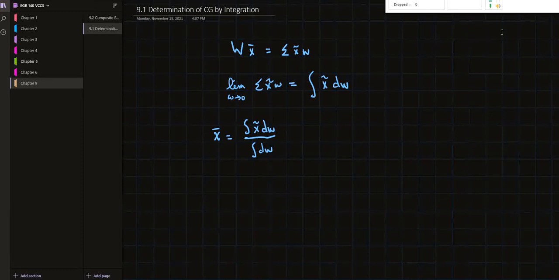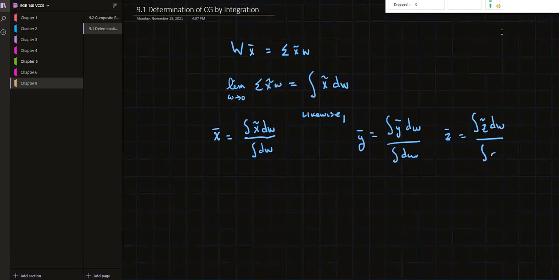So likewise, I could find y bar is integral y tilde dw over the integral dw, and z bar, if we wanted it, equals the integral of z tilde dw over the integral of dw.